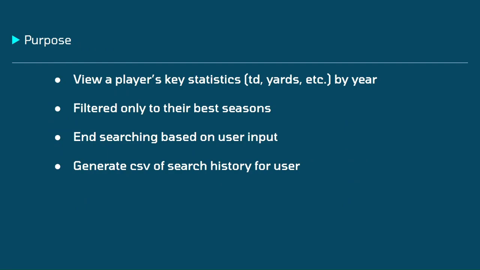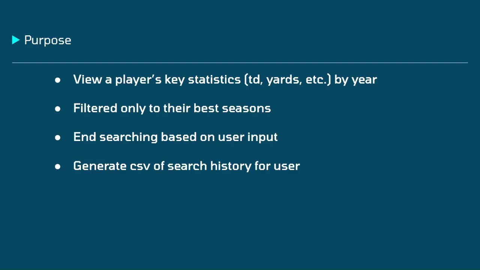So the purpose of this project is to view an NFL player's key stats, such as their touchdowns, yards, quarterback things like interceptions, any fumbles, receptions, things like that, year over year. But it filters players' career seasons only to those best seasons.